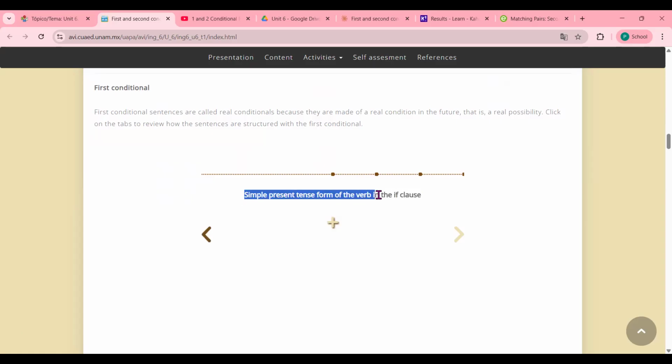Simple present tense in the if clause. How can we conjugate this tense?